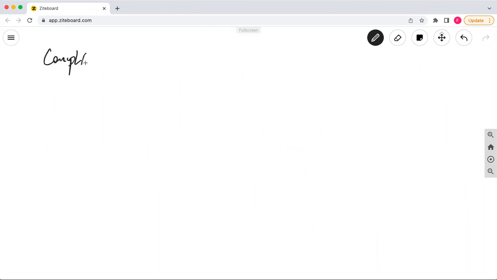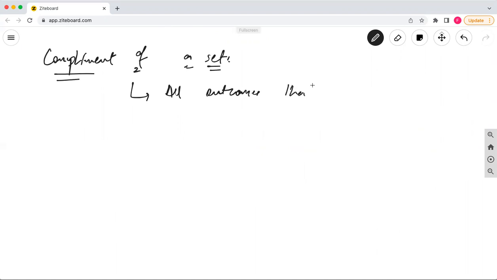Okay. The next thing is about the complement of a set. So what is a complement? That means all outcomes that are not the event.